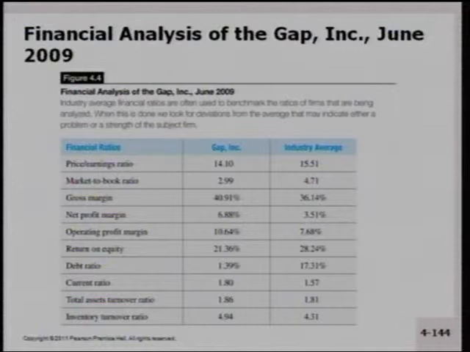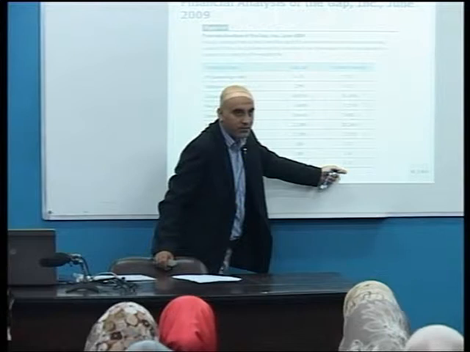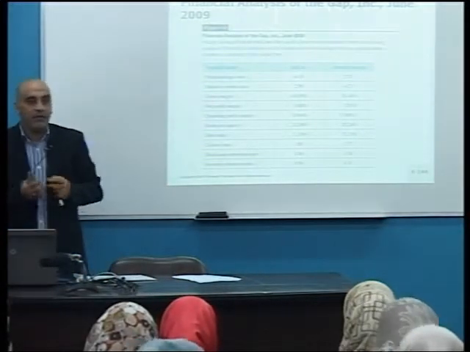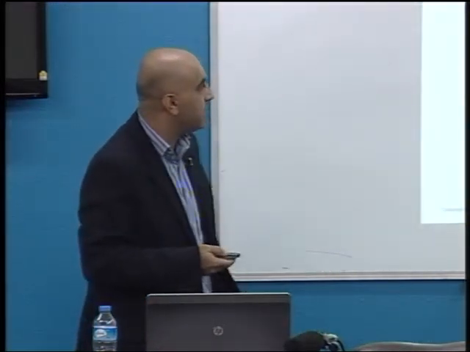As you observe, there are some strengths and some weaknesses. If you look at the inventory turnover ratio, it's around 5, and here 4.30. So it means the liquidity in Gap is much better than the liquidity in the industry average. So this is the way you compare yourself with other businesses.